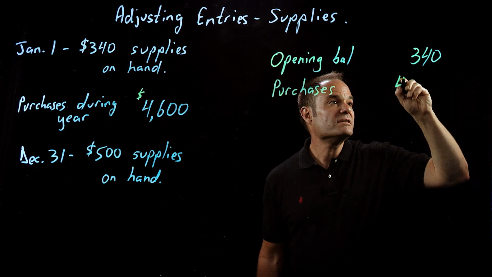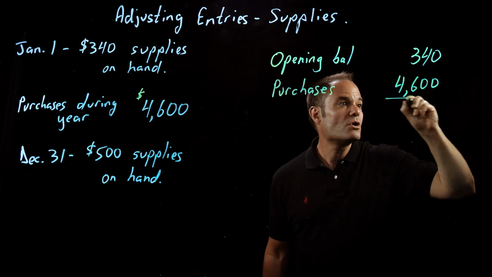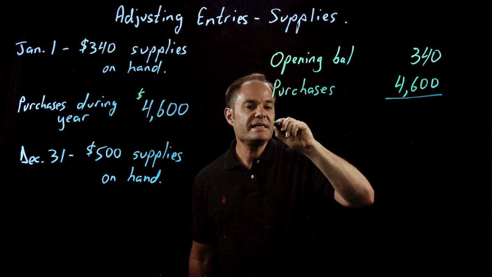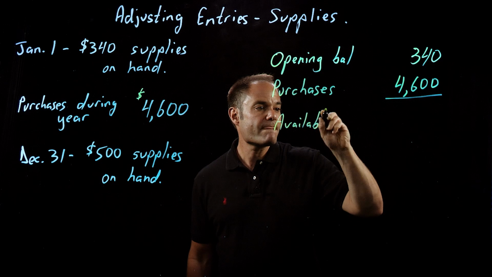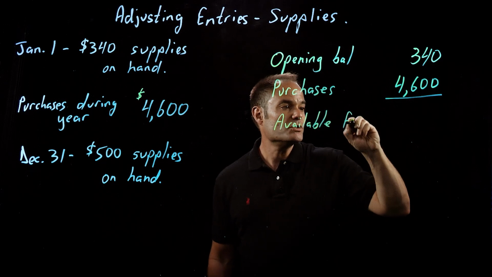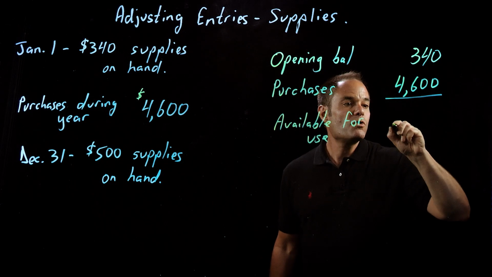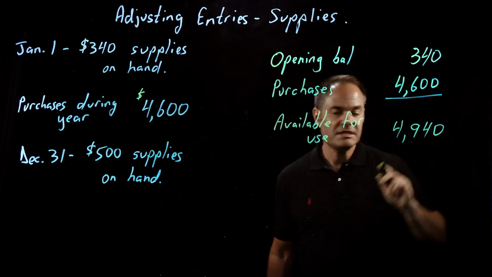So $4,600 worth of purchases. That means that over the course of the year, there was available for use $4,940 worth of supplies.